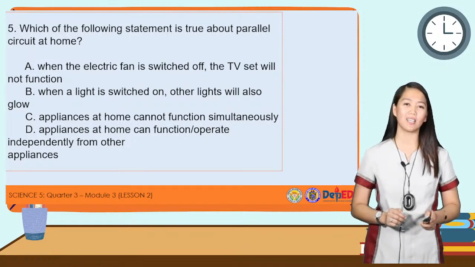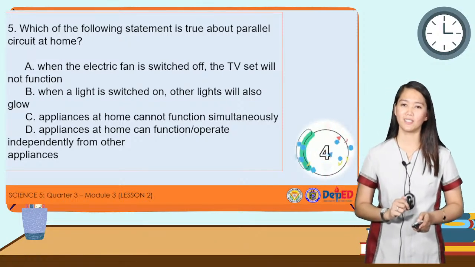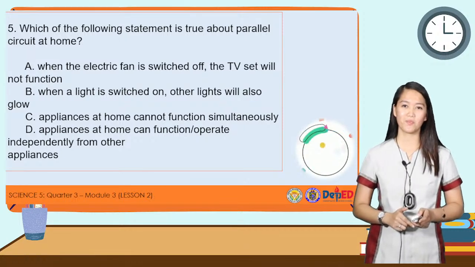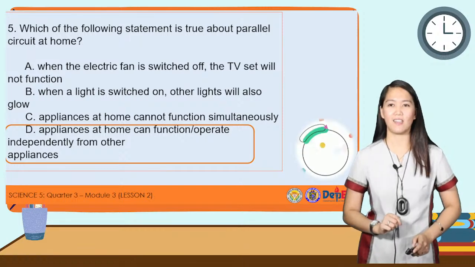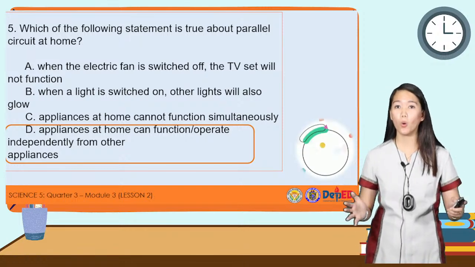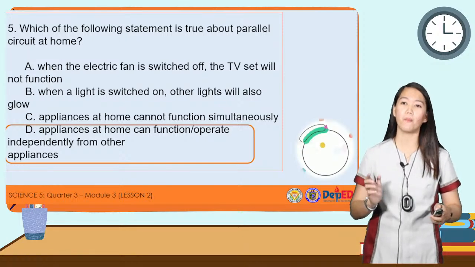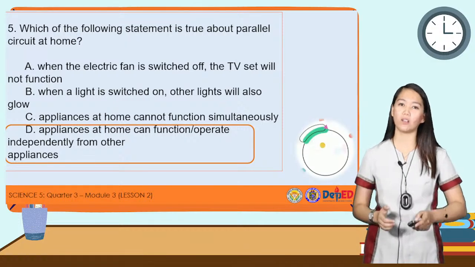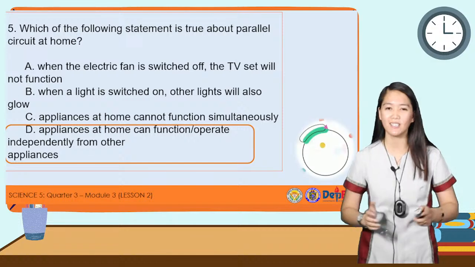Okay, so your time starts now. Okay, the correct answer is letter D. Appliances at home can function or operate independently from other appliances. So if you got all the correct answers, then you are all very good.